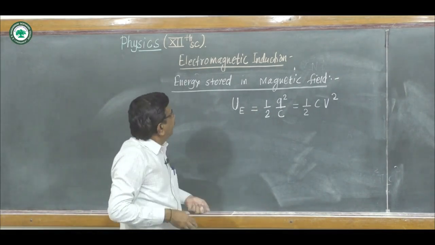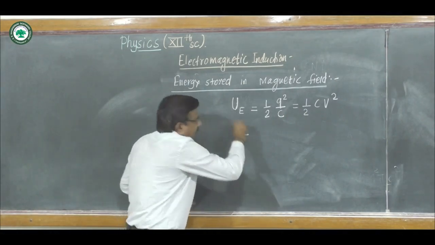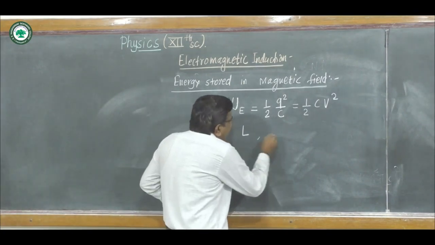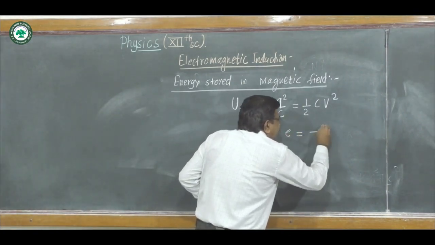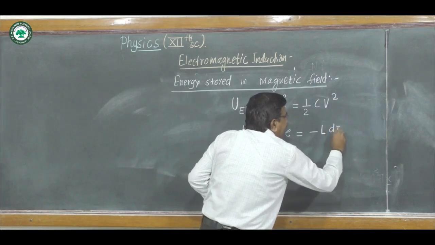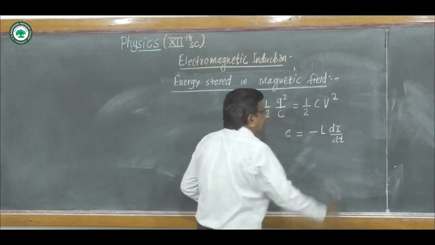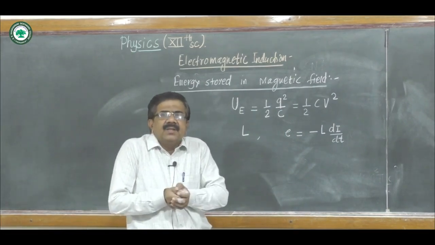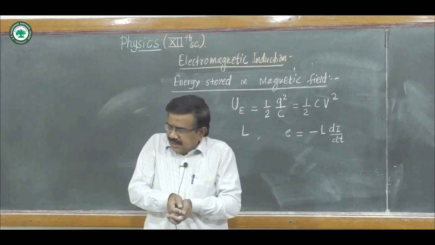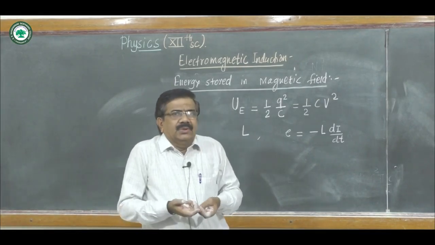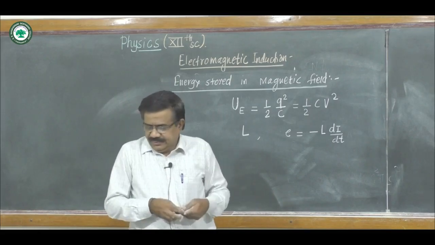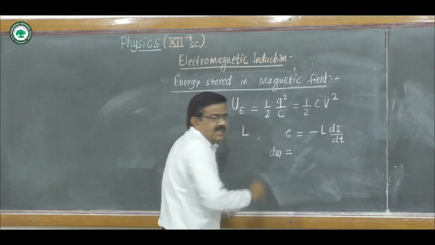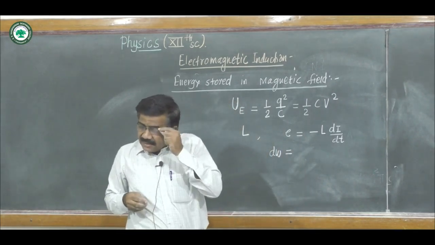For a circuit having inductance L, the induced EMF is E equal to minus L di upon dt. The work done in moving charge dq against the EMF is dw equal to minus E dq.